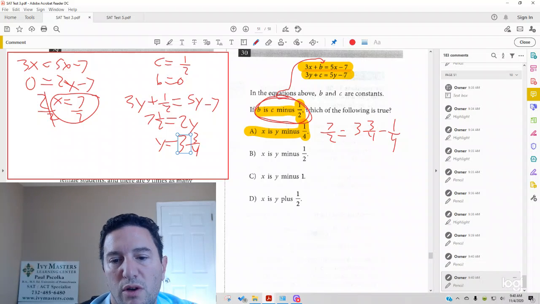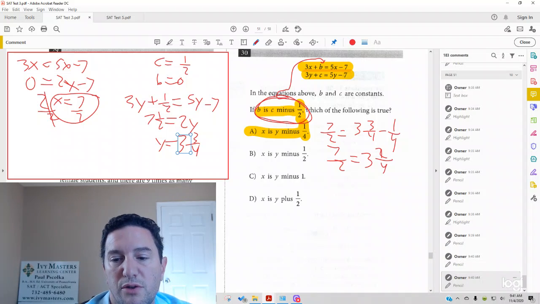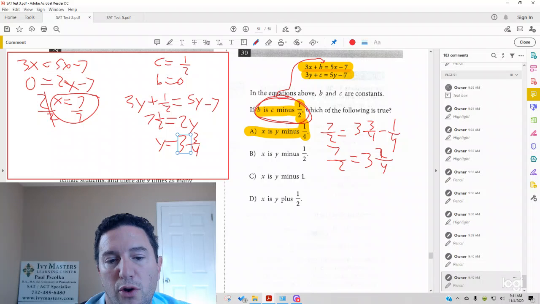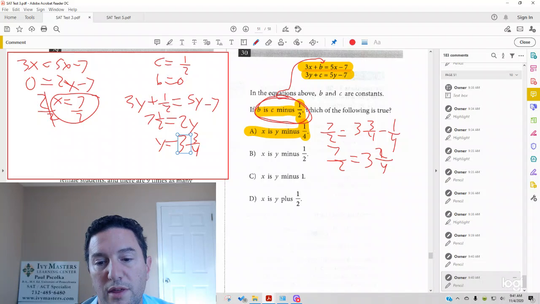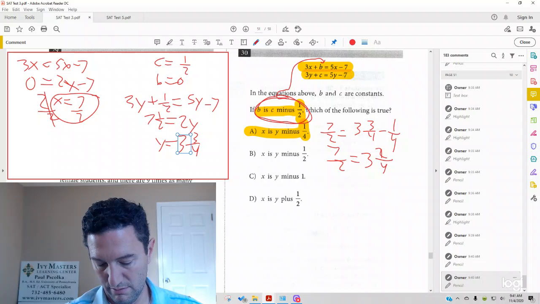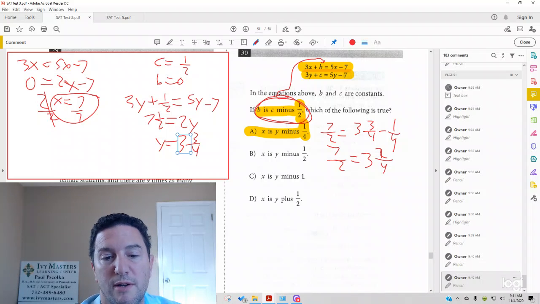Well, 3 3/4 minus 1/4 is going to be 3 2/4, which is 3.5, and 7 over 2 does equal 3.5. So we just confirm that answer choice A is in fact our correct answer. So algebra is the way that you'd want to look at this, move forward with it. But you could pick numbers to fall back on if you are not sure how to do it algebraically, but in this case we see that it's quite time consuming.